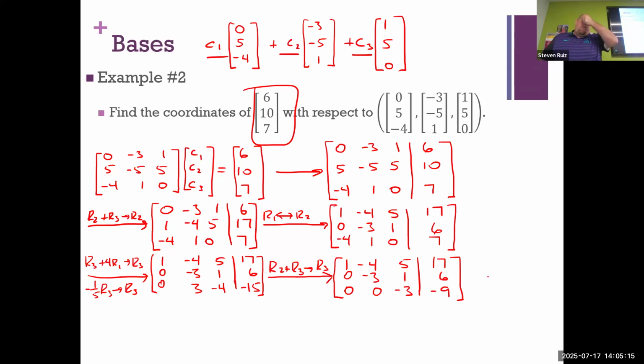Okay. Now what do we have? If I scale this row down to 1, 3, I get C3 equals 3, right?